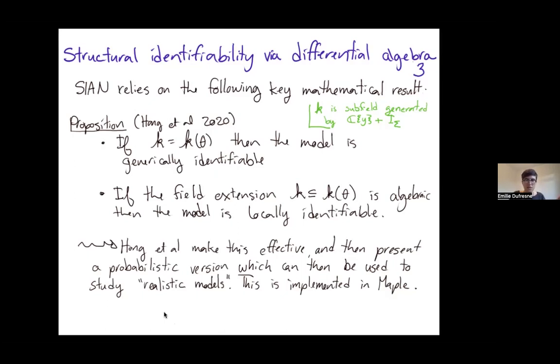So we used this Maple implementation and put through these two models and found that they were structurally identifiable. As I said, with the caveat that perhaps we don't have enough time points, or maybe they're not sufficiently generic. But there would be some choice of time points for which this result would apply.